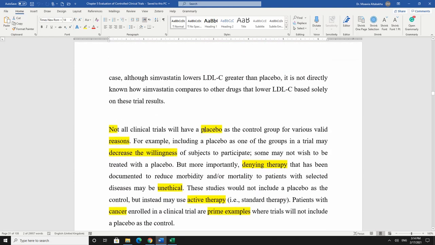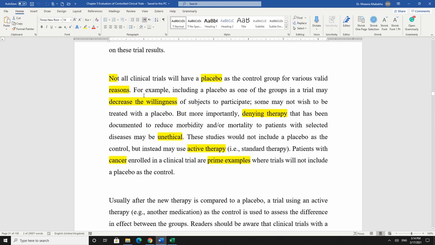The other type of control, as I told you, is the active control. And here you have to pay attention. If I compare my drug with something that is not the first line in the treatment of patients for hypertension, for example, or for cholesterol, I treat it with something inferior.